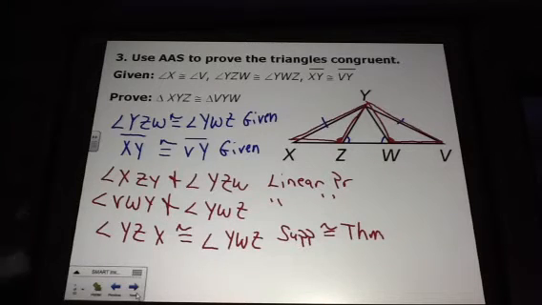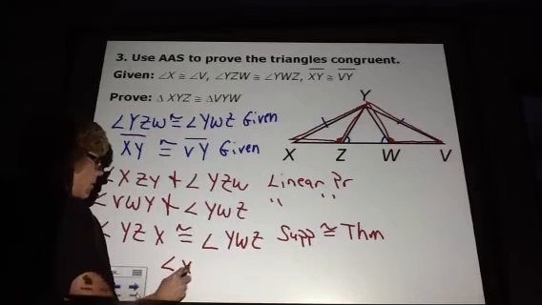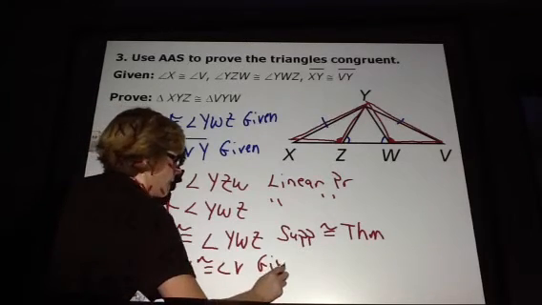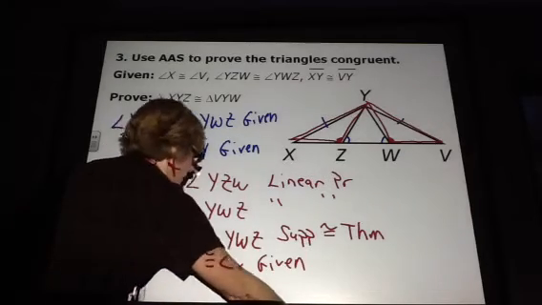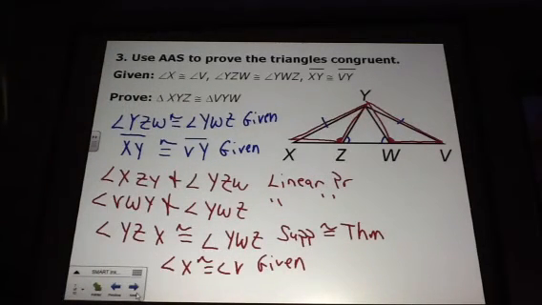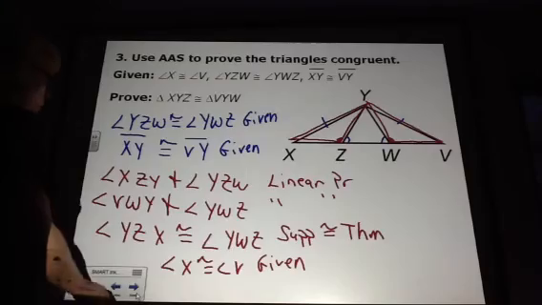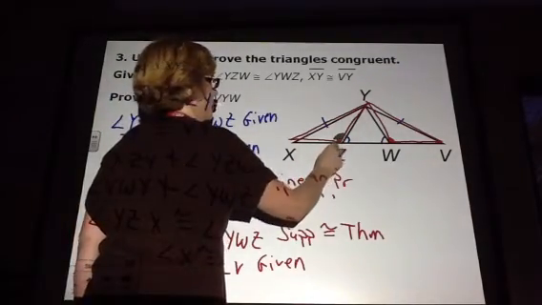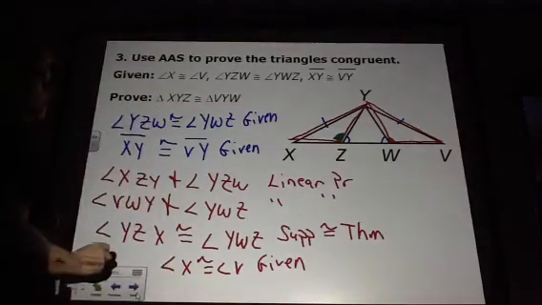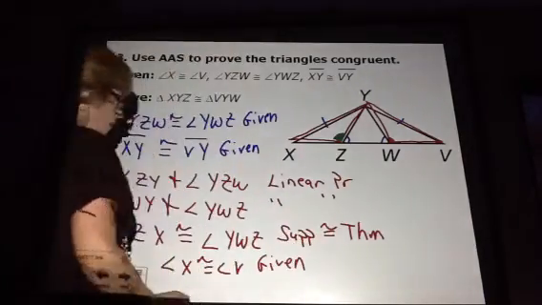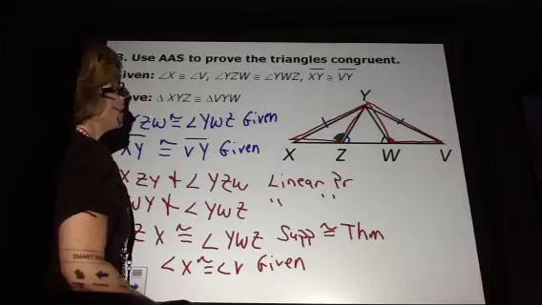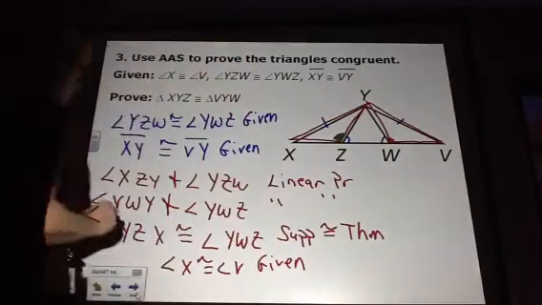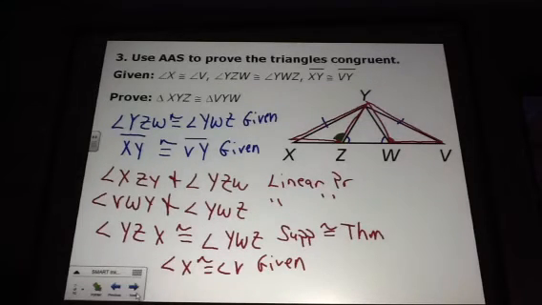Okay, and then let's go with what's given. Angle X is congruent to angle V. That is given. Okay, so let's see what we have here. We've got a side, we've got YZX, this angle, congruent to YWZ. Wait a minute, that's not right.